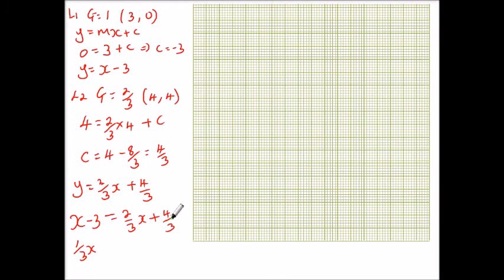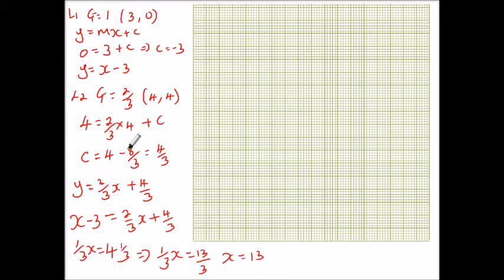When you add 3 plus 4 over 3, you get 4 and a third, that is 13 over 3. So a third x is equal to 13 over 3. Multiply both sides by 3, x is 13.